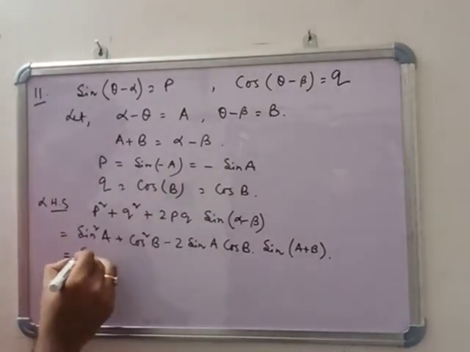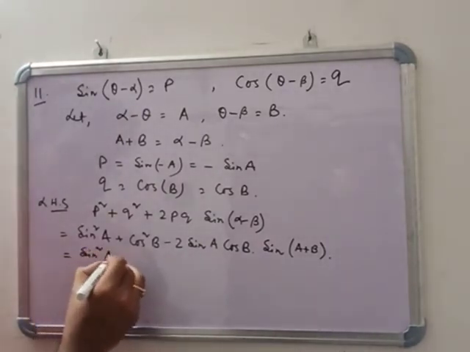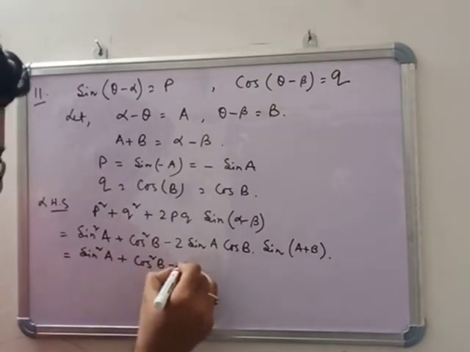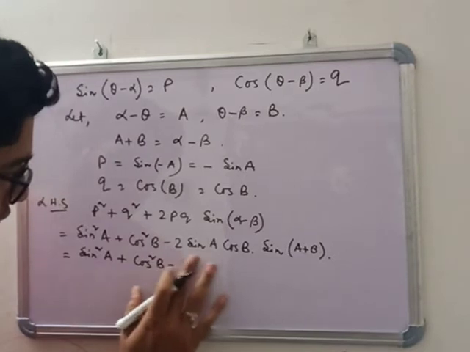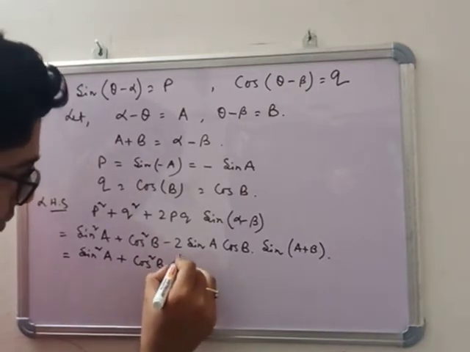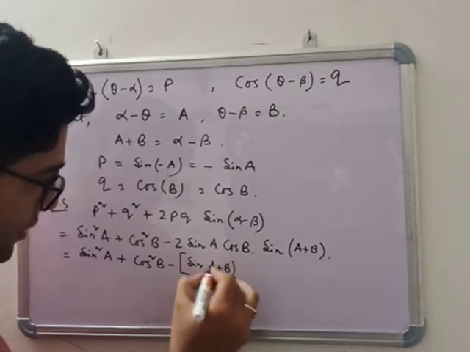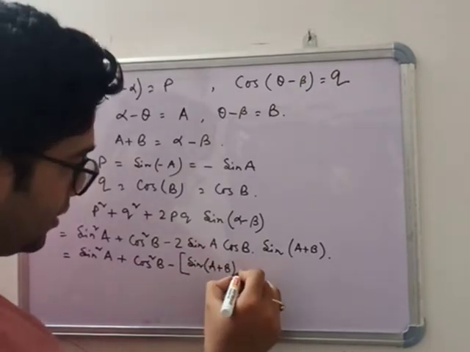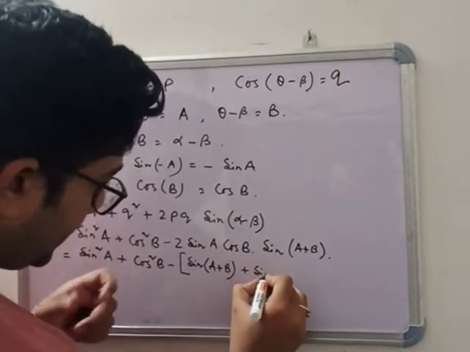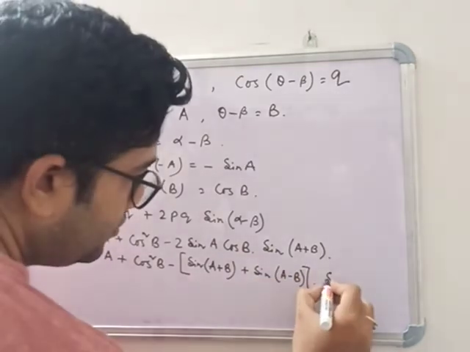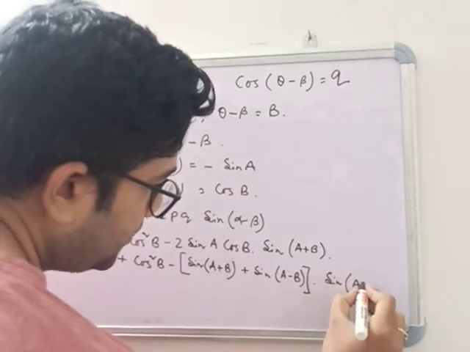Now see that sine square A plus cos square B minus sine of A plus B plus sine of A minus B into sine of A plus B.